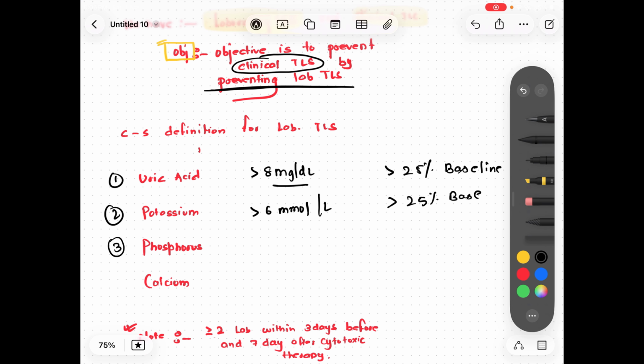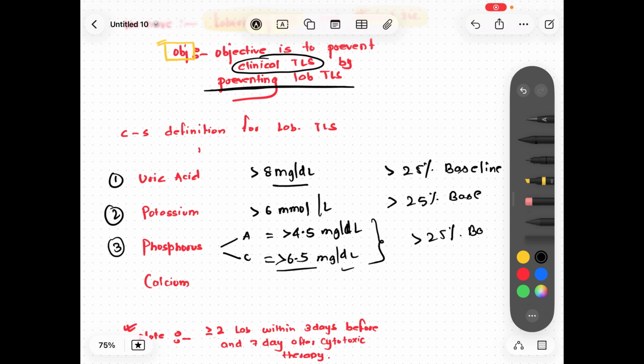Third one is phosphorus. The value is different in adults and children. In adults, it is more than 4.5 milligram per dL, and in children it is more than 6.5 milligram per dL, or similarly an increase of 25% from baseline.